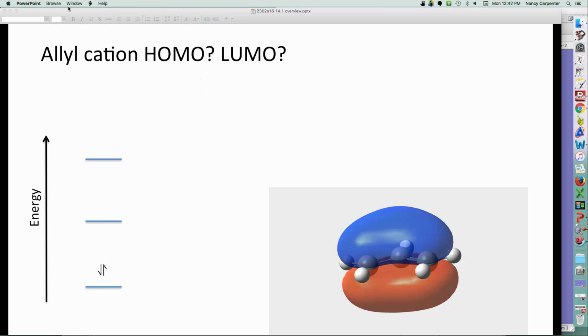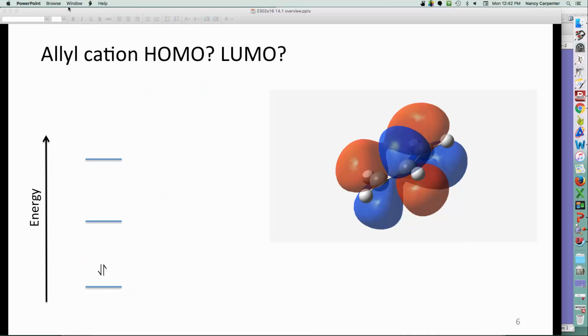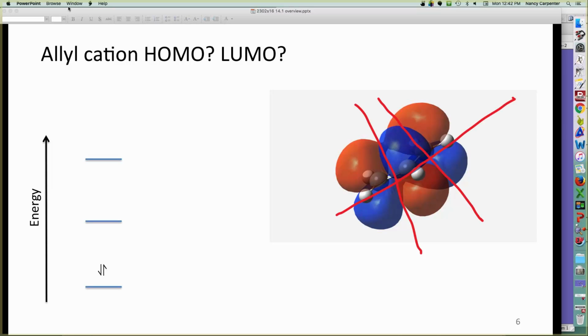And indeed, that is what our highest energy orbital looks like. Now, it's not the HOMO. The HOMO is the highest occupied molecular orbital. This was just the highest energy molecular orbital. And there you can see node, node, node. Cool.